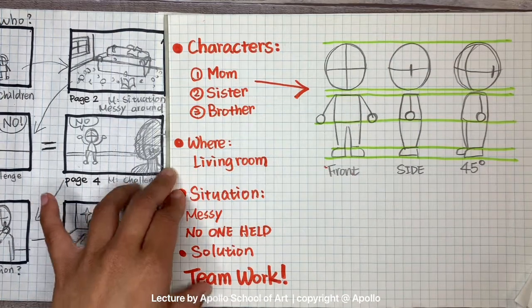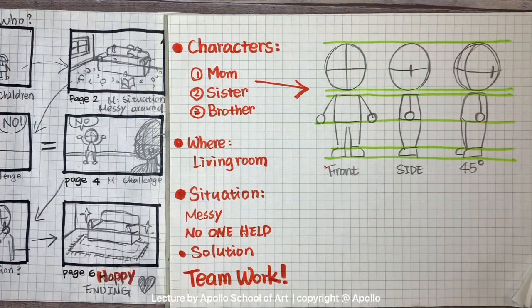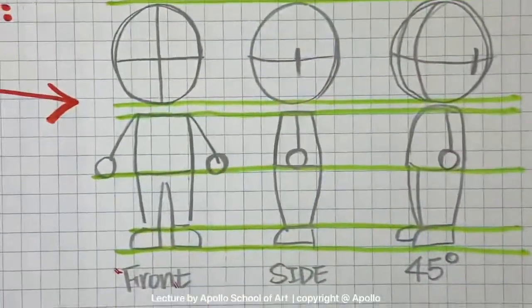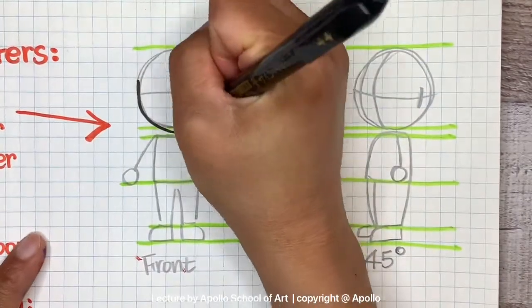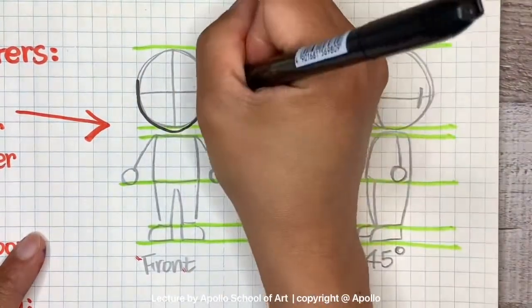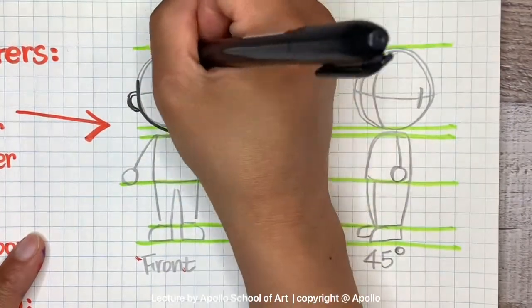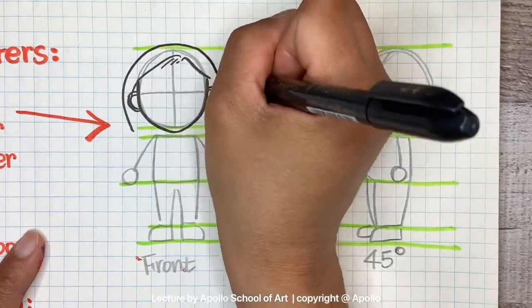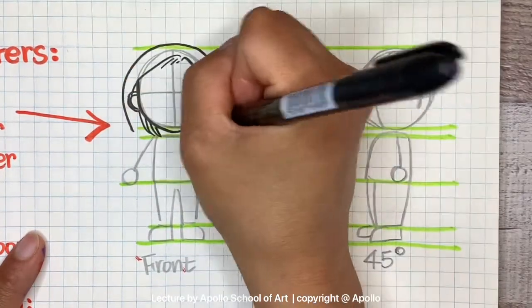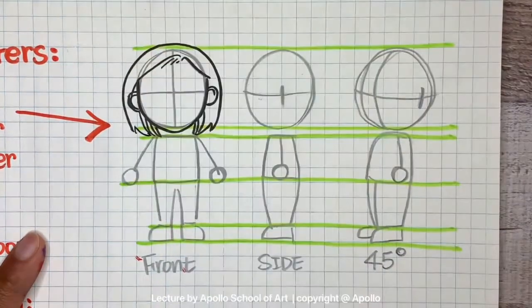So when we finish the stick man or the robot man, you can start to add in the details like the hairstyle, the shape of the face, the ears. Okay, so I add in the mom, I'm doing the mom, and I'm actually doing me. Okay, I have short hair. So that's it. The front view, how long is the hair?